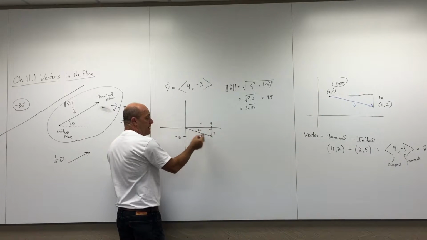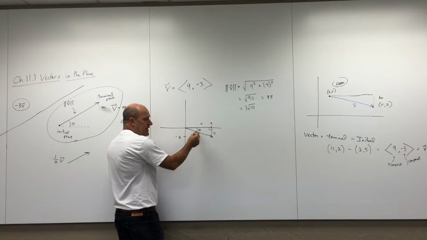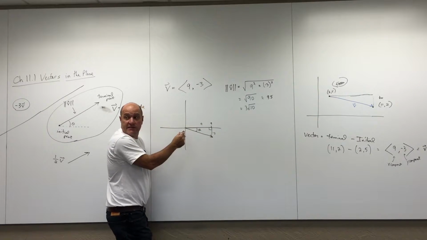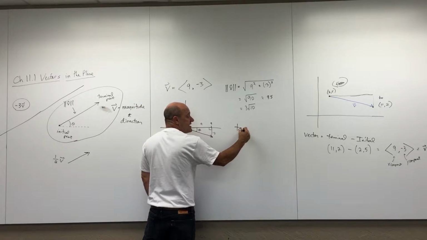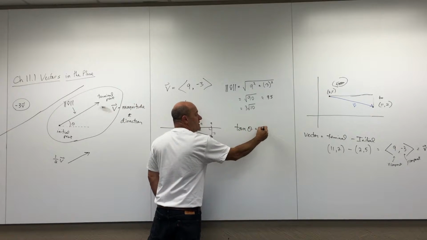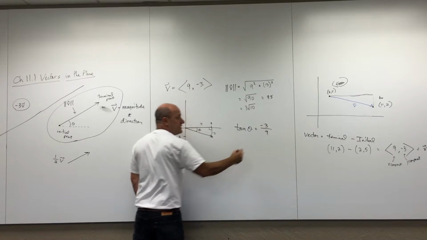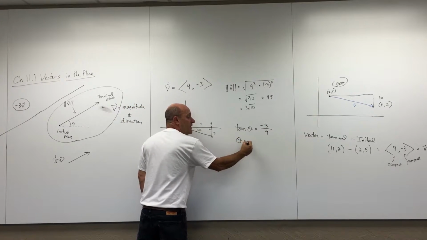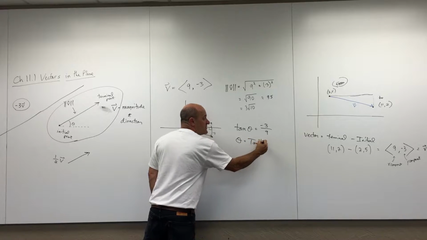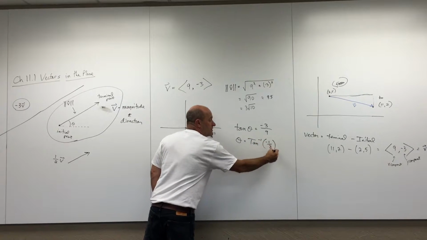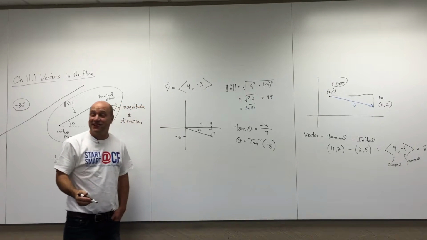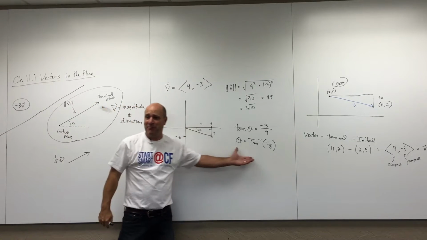Relative to this angle, that's opposite and adjacent. You might recall that tangent of theta is the opposite over the adjacent. You guys okay? That means if you really want theta, you have to do the tangent inverse of negative 1/3. I just reduced that. If you wanted to leave this exact, you stop here.